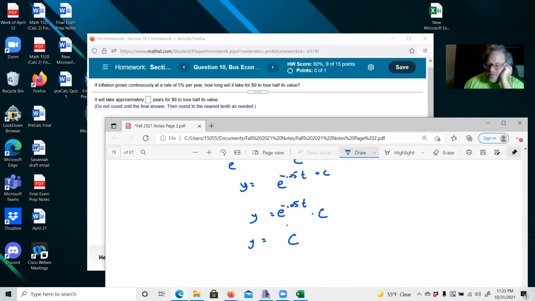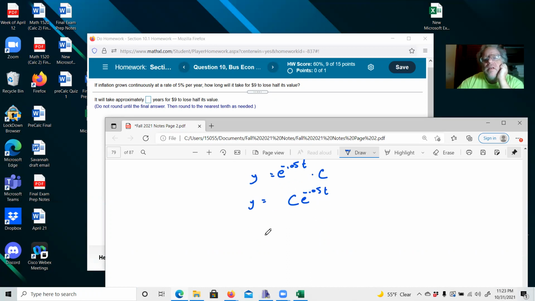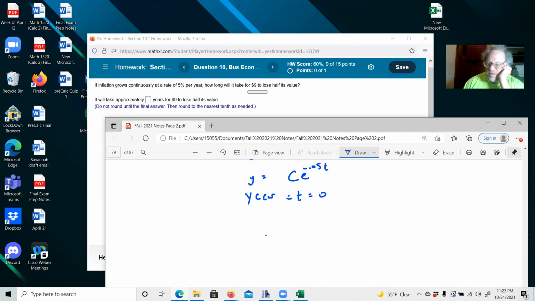So y equals c e to the negative 0.05 t. So in year 0, like now, when time is equal to 0, $9 is worth $9. So y equals 9, and 9 is equal to c e to the 0. e to the 0 is 1, and we get c is equal to 9.